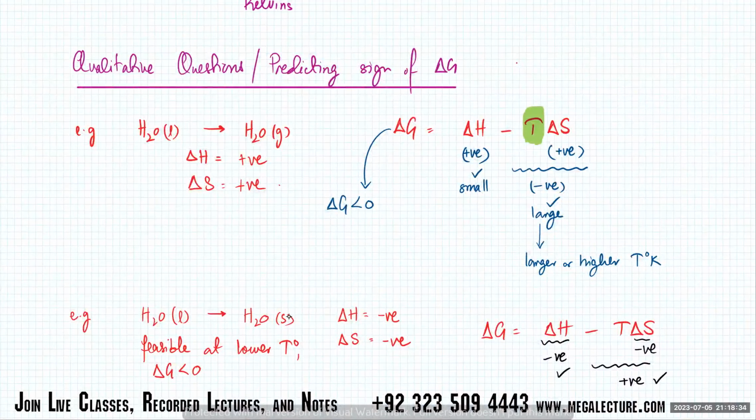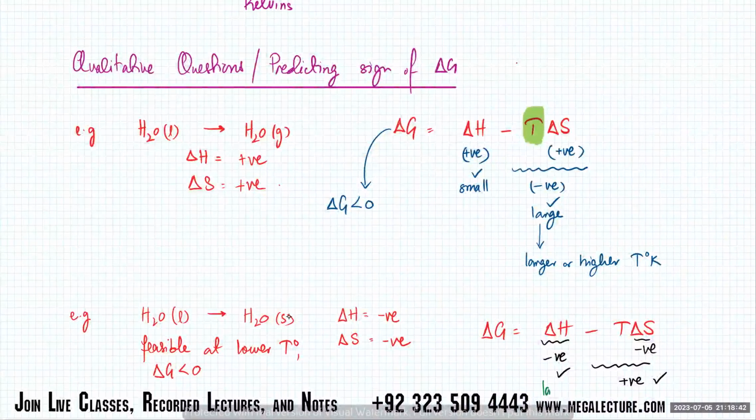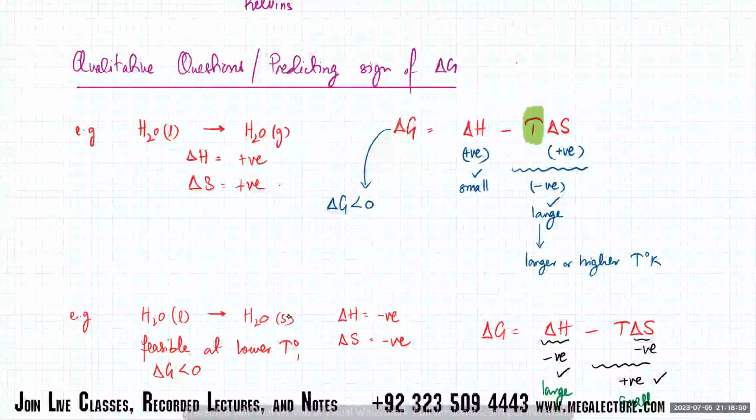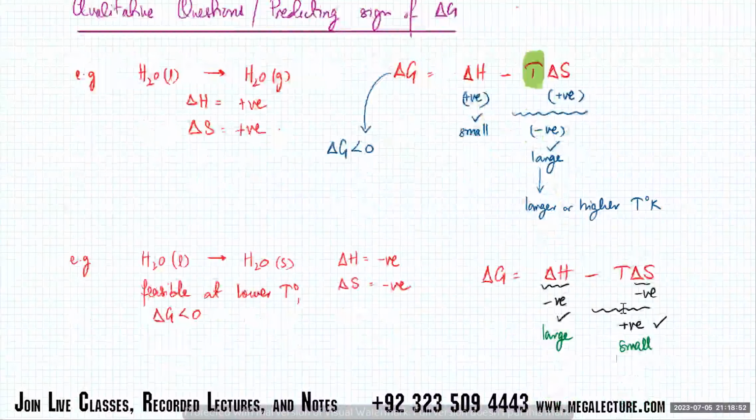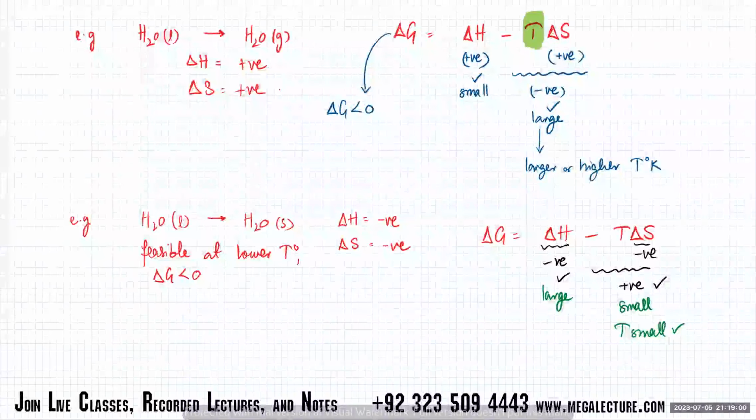Now, if I want to make delta G negative, I need to have the negative term larger. I need to keep the positive term smaller. And there's only one variable, which is temperature. So I'm going to try and keep T as small as possible.